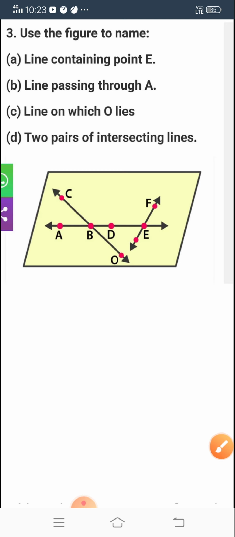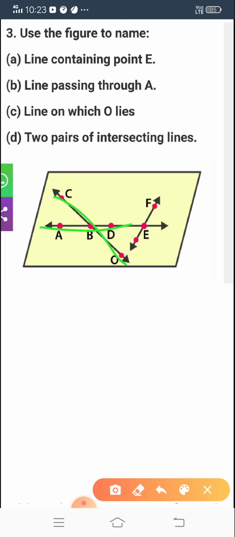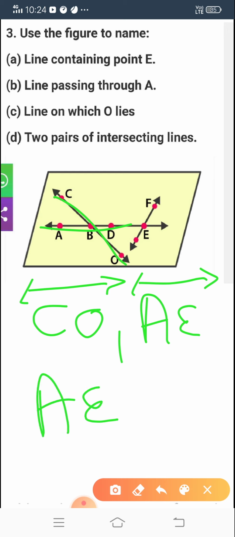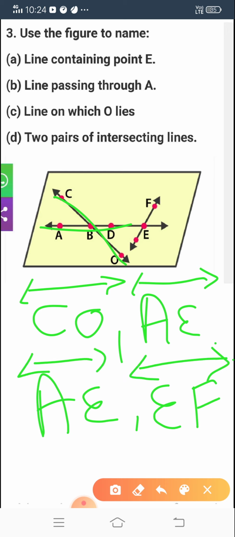Okay, write down the first, that is this section and this section, CO and AE, both are intersecting lines. Okay, next one, that is AE and EF are the intersecting lines at the second point.